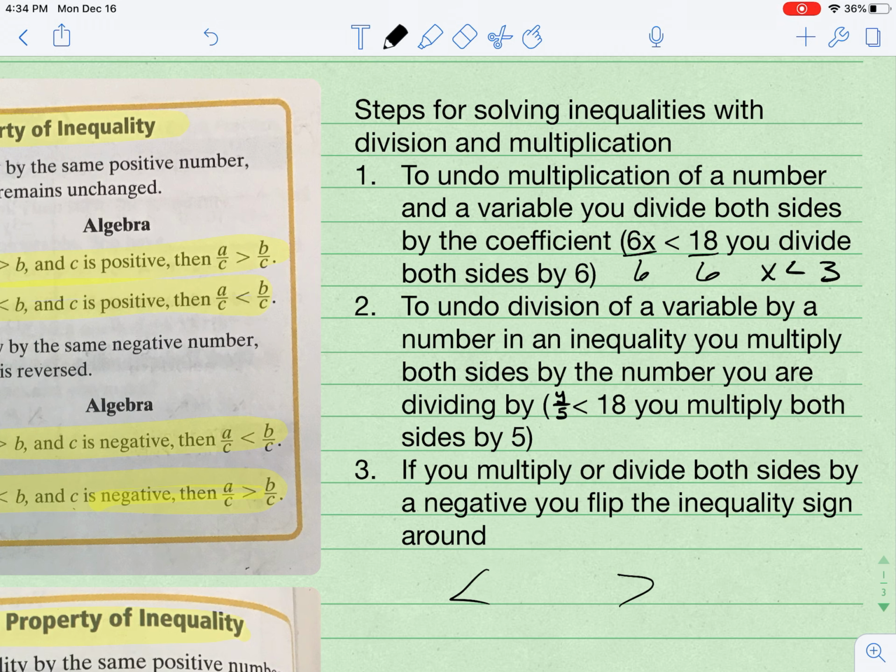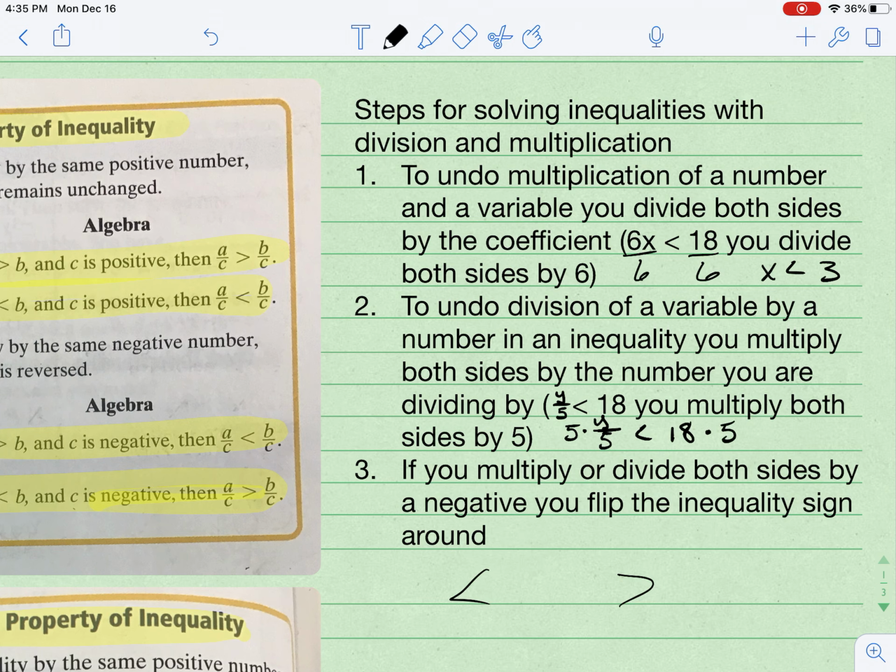Okay, so just like multiplication with division, to undo division of a variable by a number in an inequality, you're going to multiply both sides by the number you are dividing by. So you've got y divided by 5 is less than 18. You are going to multiply both sides by the number you're dividing by, in this case 5. So you multiply both sides.